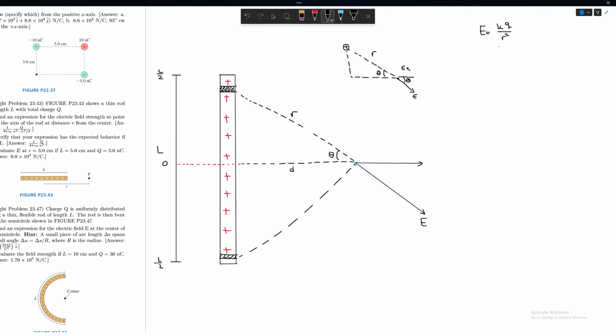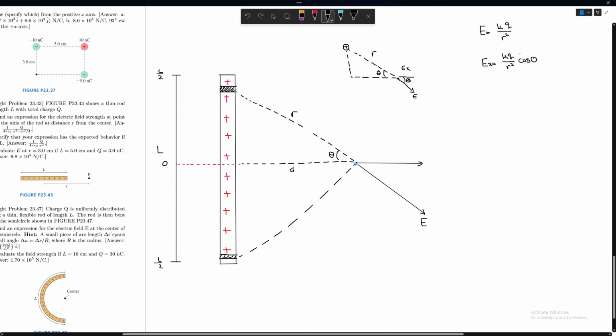Since I'm only looking for my EX, we know that EX equals K Q over R squared cos theta. Now, why did we do EX? Like we said, because the EYs cancel out, so we're only going to take our EX. So now what is my EX when it comes to something like this? Obviously, we have the charge.